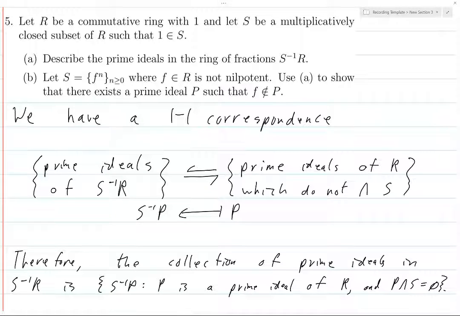Then for part B, we want to use part A to show that there exists a prime ideal P such that F is not in P. So I'm going to actually do two proofs of this, I think.